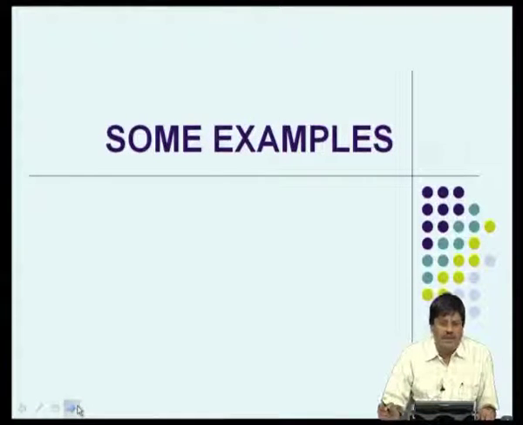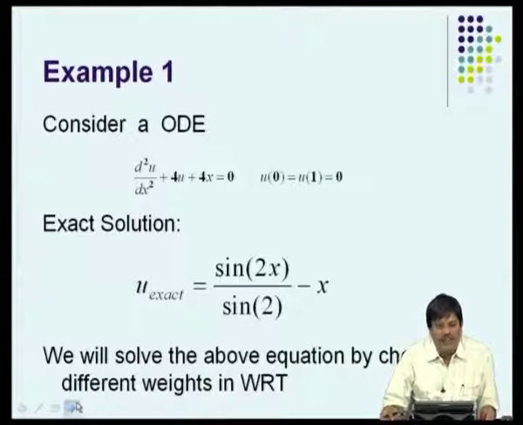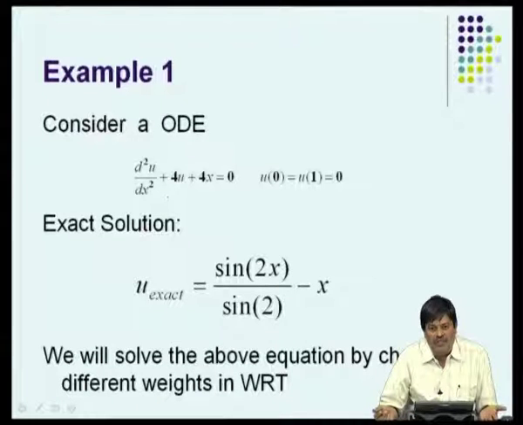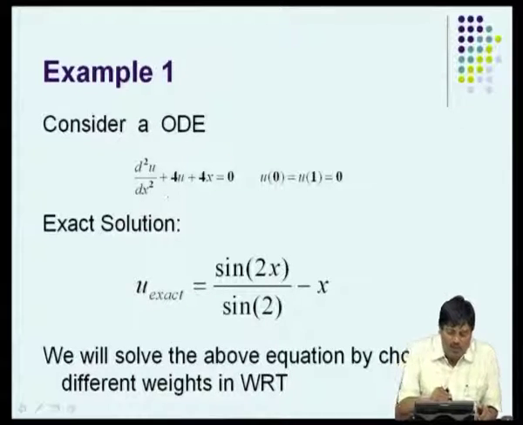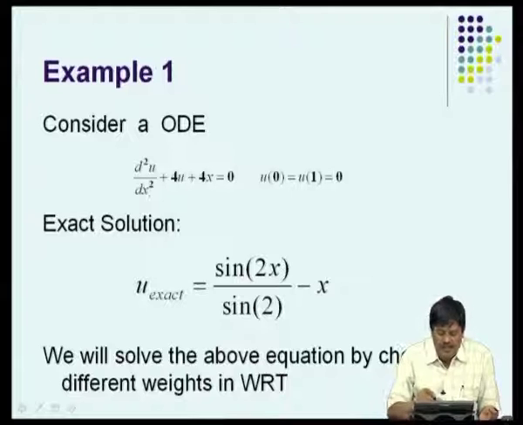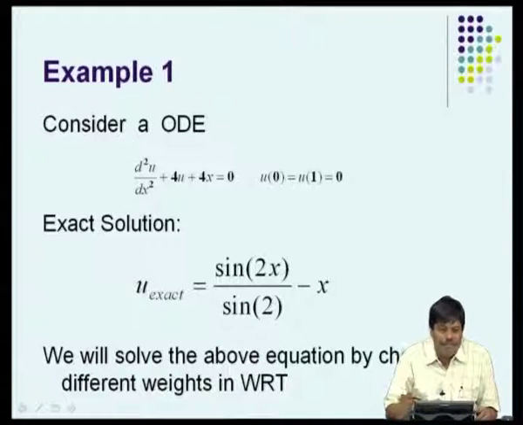Let us take some examples here. So, consider a differential equation. This is a differential equation with constant coefficient with u as the dependent variable and x as the independent variable. It is subjected to 2 boundary conditions, that is u at x equal to 0 and u at x equal to 1 is 0.